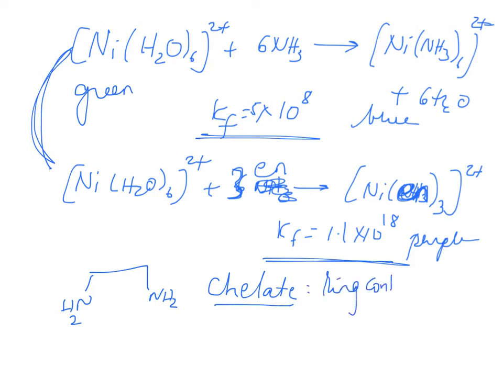The reason I call it a ring containing complex is that if you consider nickel with ammonia, you have nickel and in 6 different directions, as an octahedral, you're going to see the ammonia bind with it.